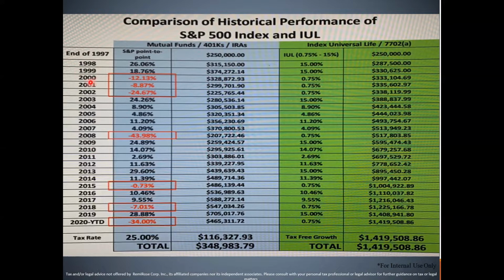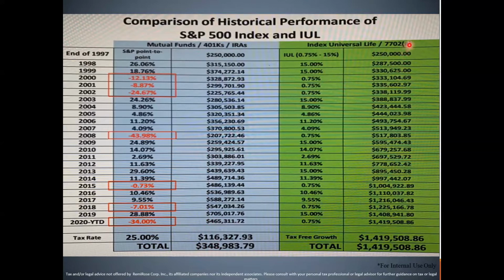So, if he had $250,000 in his 401k, because on this other side you see the 401k in the mutual funds, from 1997 right up to 2020, with the current rates of return at the time, he will end up with $465,000, and then we'll take off taxes, let's say 25%. So he'll be going home with $348,000.